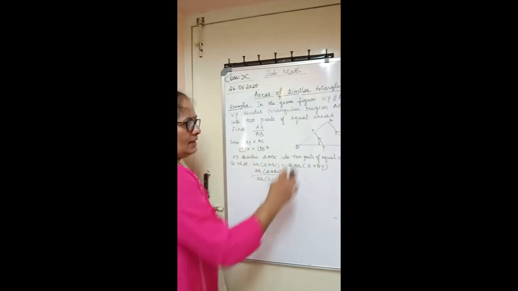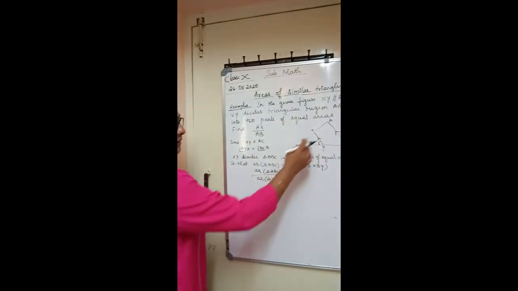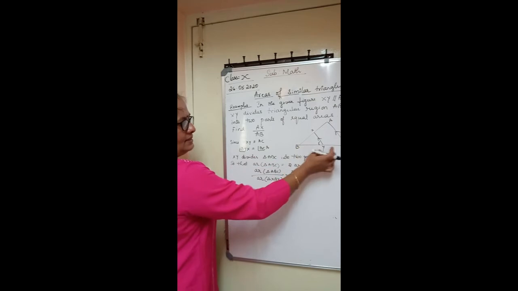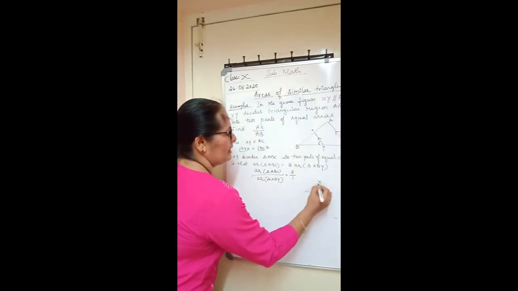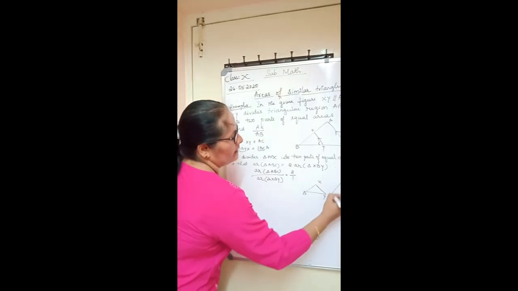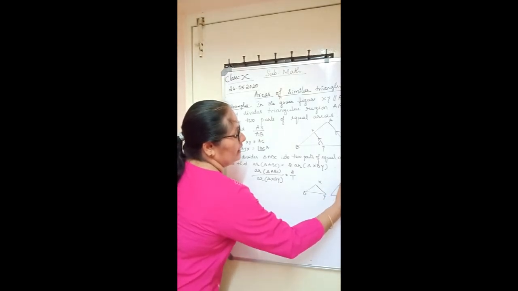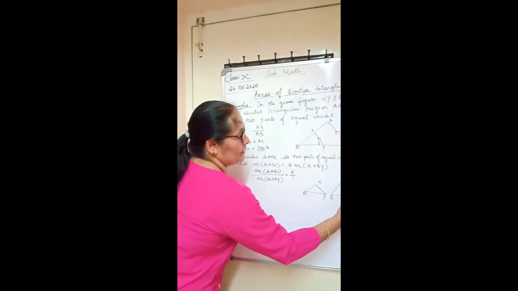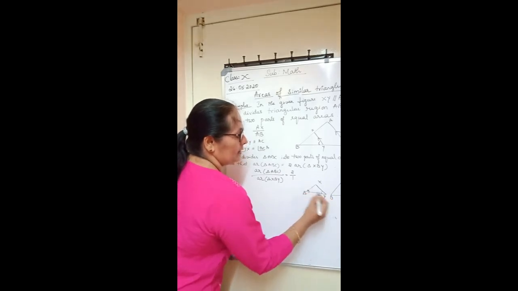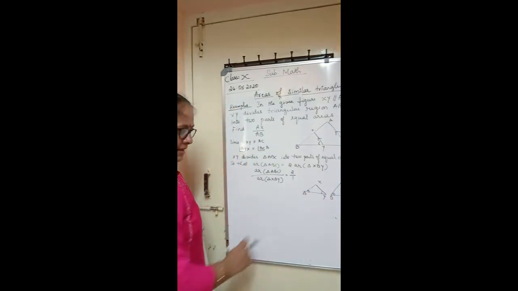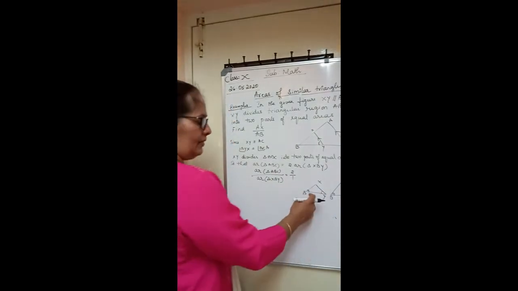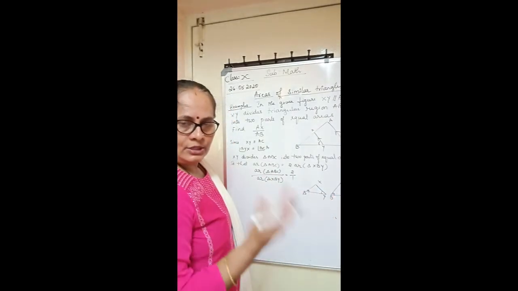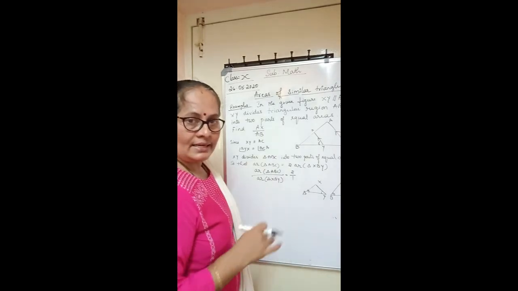Now, in these two triangles, XBY and ABC, these two angles are equal. This is the common angle. So by AA criterion, these two triangles are similar. When two triangles are similar, their corresponding angles are equal and sides are proportional.